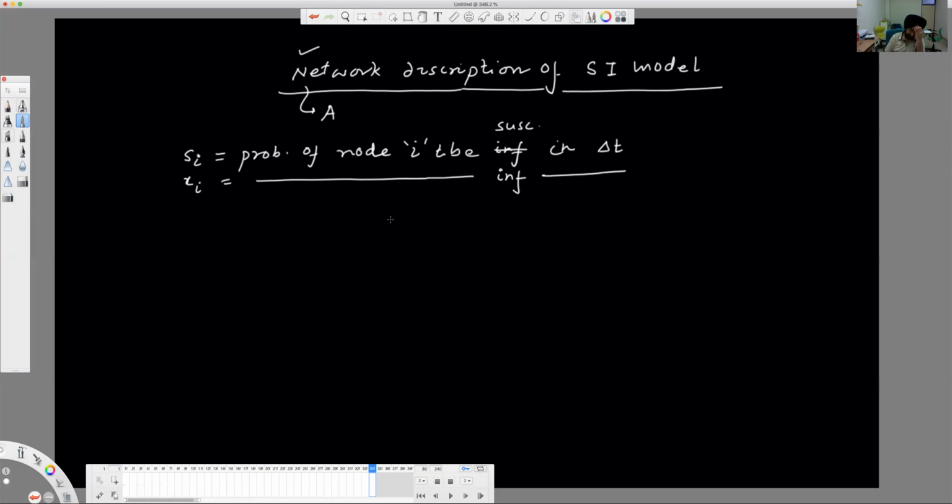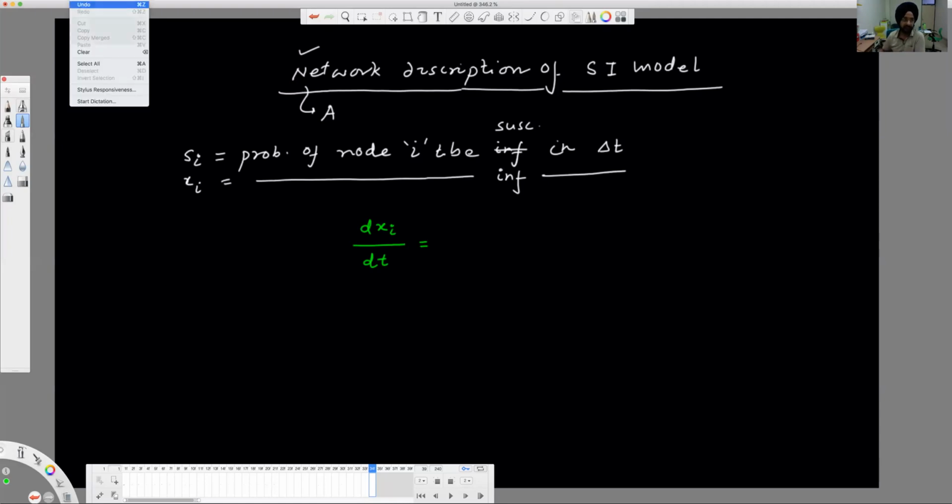Now the question is, we need to find out what will be dx by dt in this case. So let us define that now. How can we define dxi by dt? The first thing is that, of course, beta is again there. Right? Now let's start with the SI first.